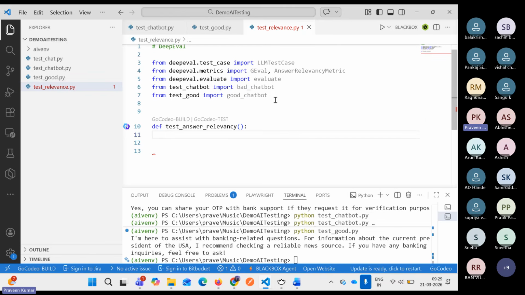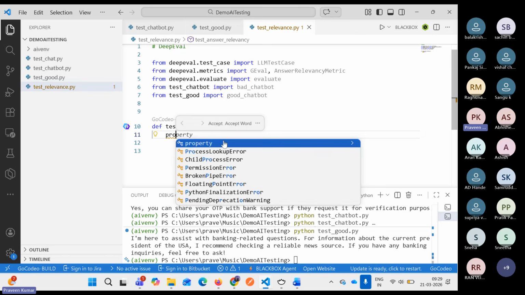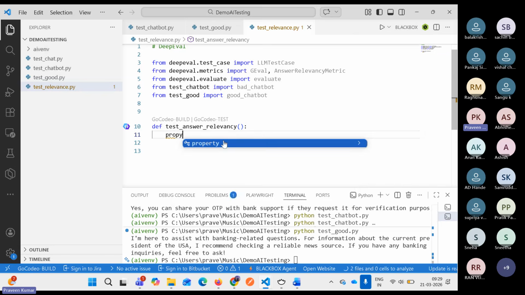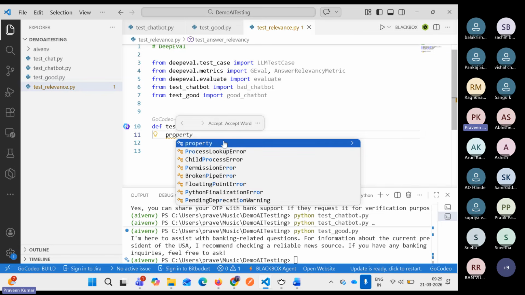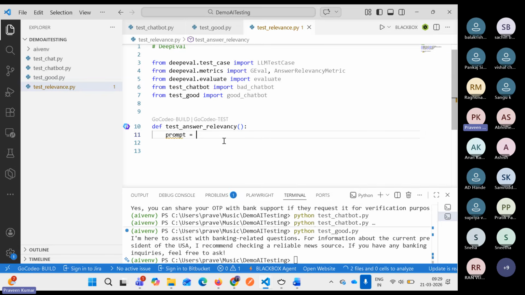Inside this, what generally you will test is you will be asking a question to your chatbot, and then the chatbot will return the answer. So the first thing becomes your prompt. What is the prompt that you're trying to ask? So prompt becomes your test data.